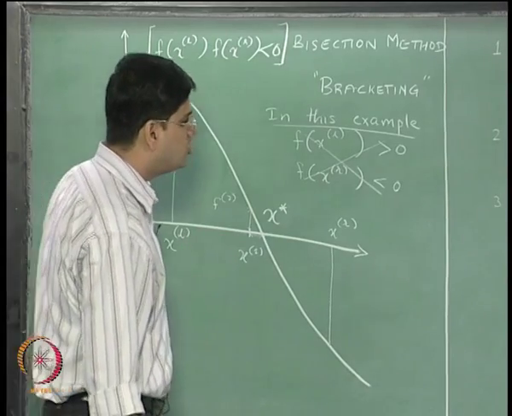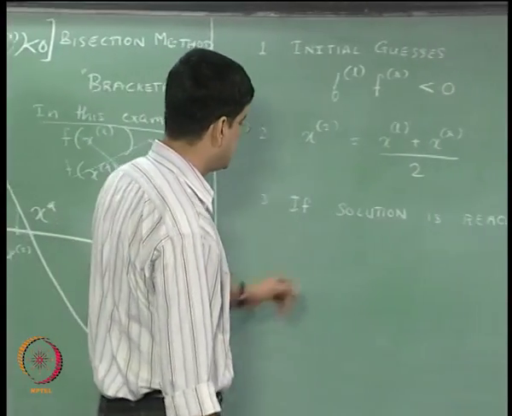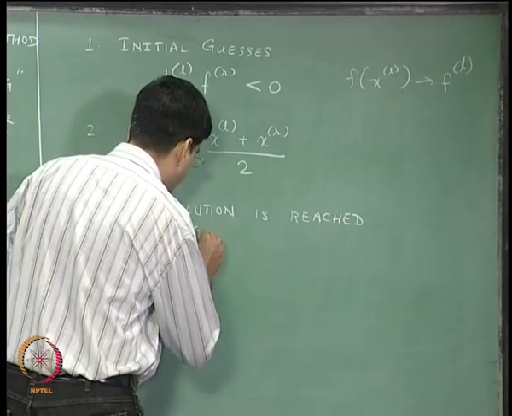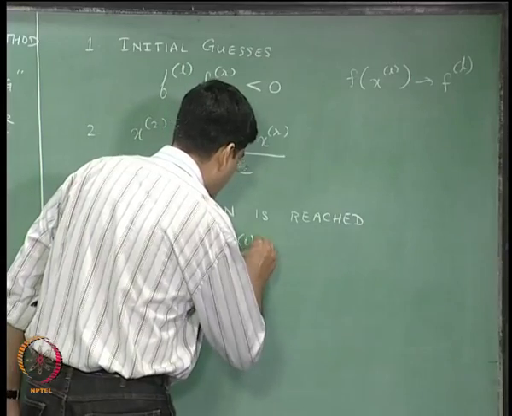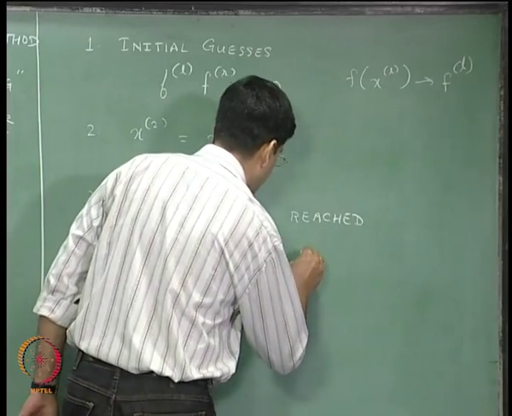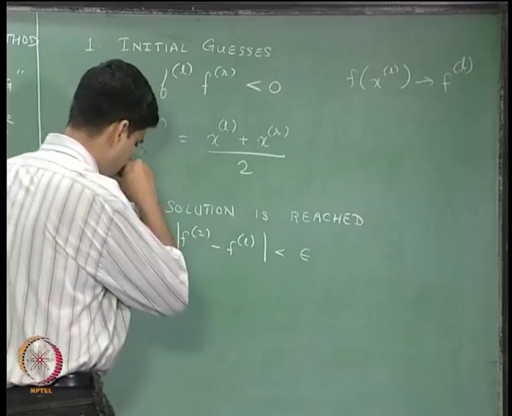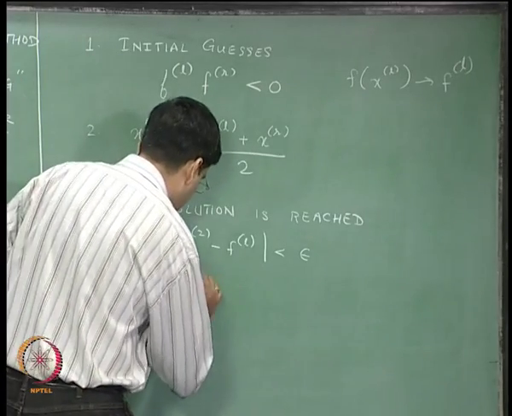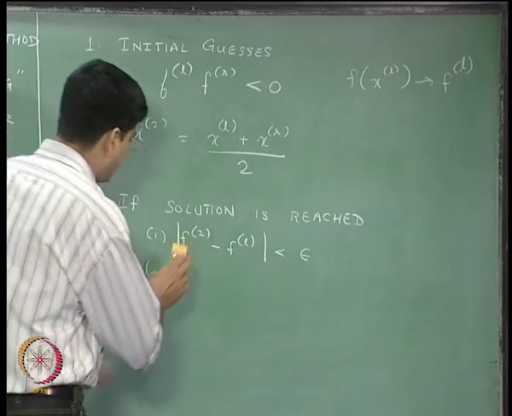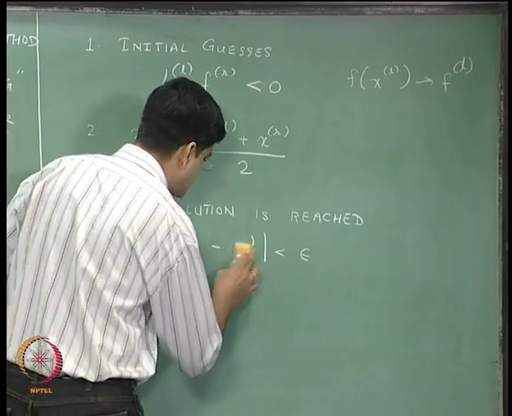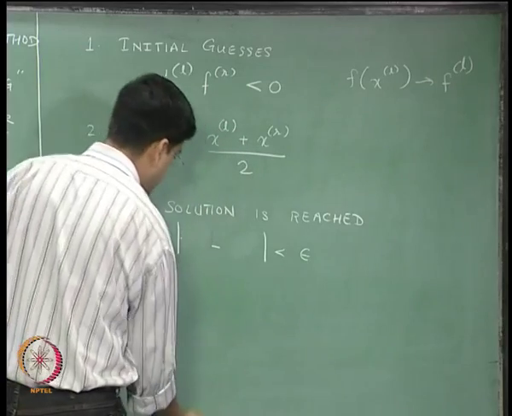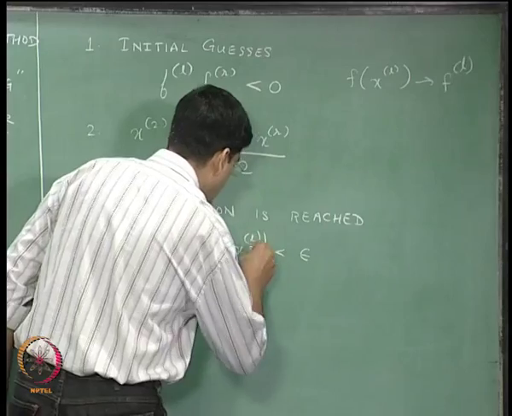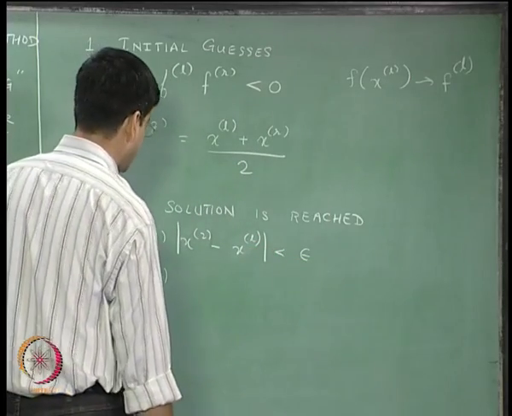Okay. So, there are two ways to determine whether the solution is reached or not. One method is to check whether the absolute difference between x2 and xl, I'm sorry, this should be x of 2 minus x of l, the previous solution and the new solution, is less than some predetermined value epsilon.